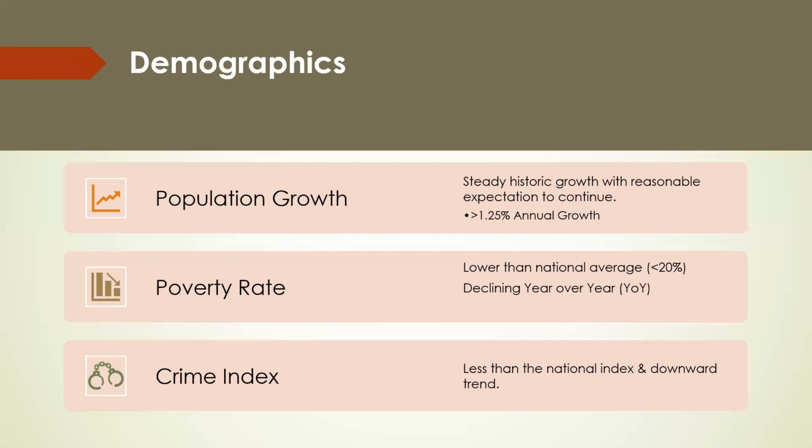Again, that helps it to become or continue to be a strong market overall. But then we look at the crime index, and again, we want that less than the national index and a downward trend there too.